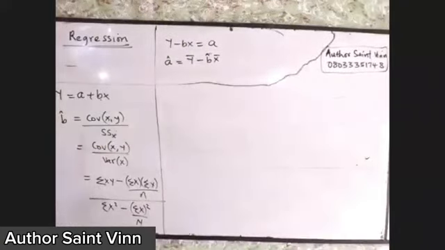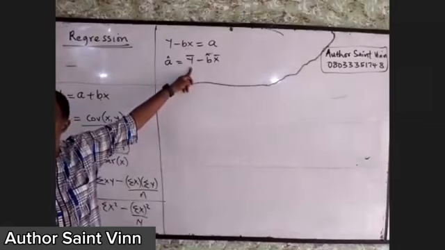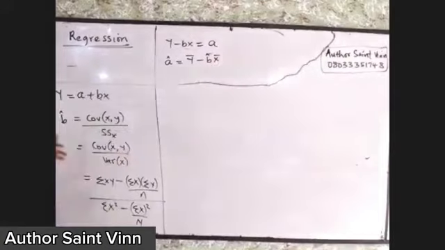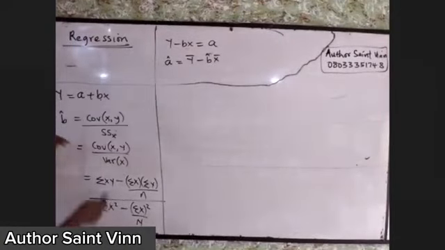Did you get that? Remember that X bar means the mean of X, and Y bar the mean of Y. Once you have gotten B, you will be able to find A, so that we can form this equation back and be able to predict what will happen to Y when X is known. Is it clear? The formula is working.